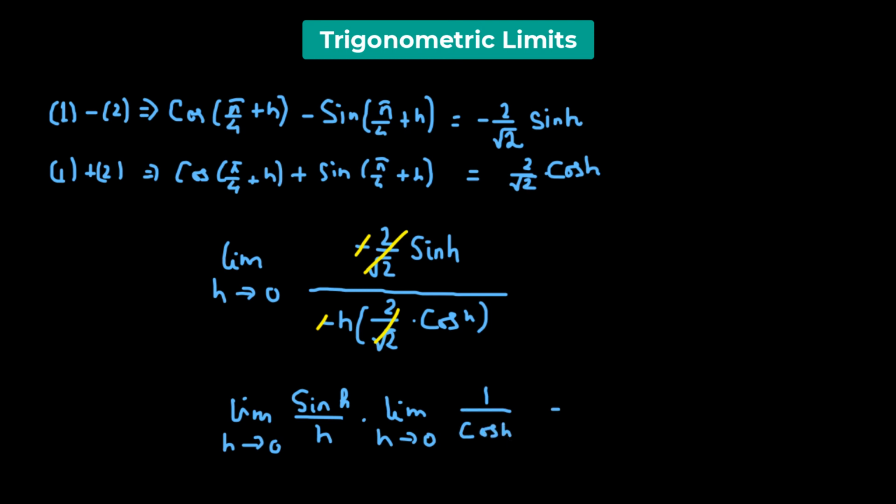The limiting value of sine h over h is going to be 1, and the limiting value of 1 over cosine of h will be 1 over cosine of 0, which is also 1. So we get the limiting value of 1.